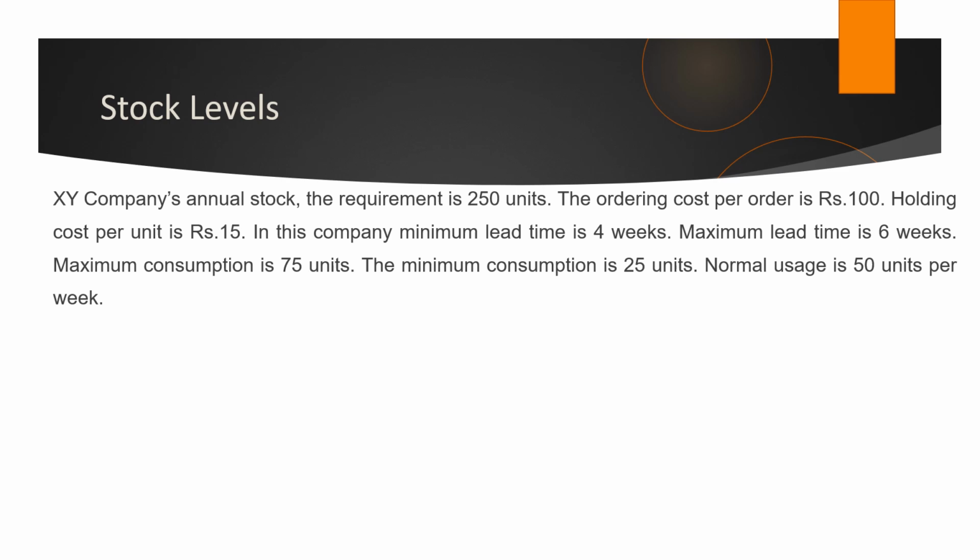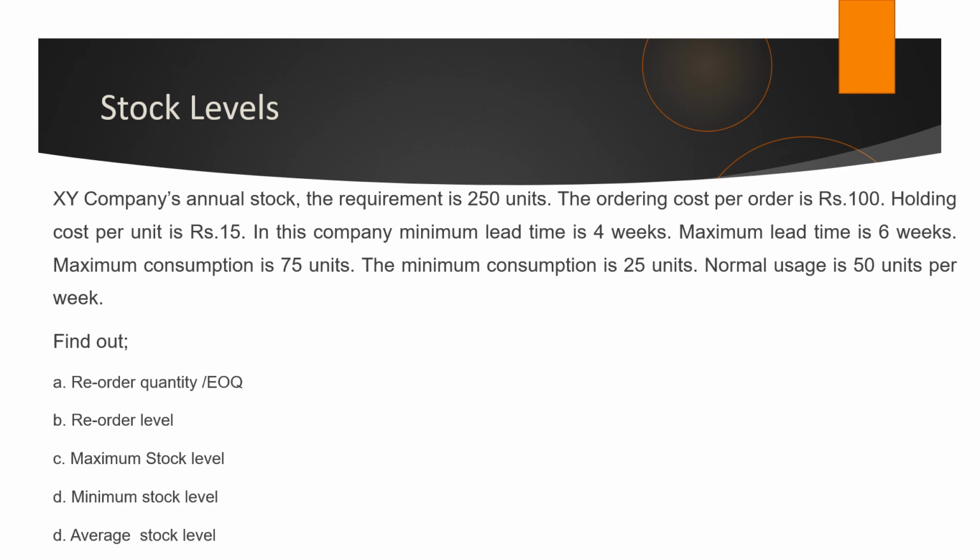The maximum consumption is 75 units and the minimum consumption is 25 units. The normal usage is 50 units per week. So, we have to find out the reorder quantity, reorder level, maximum stock level, minimum stock level, and the average stock level. So, you can use the formula I have given in the previous slide for the calculations.